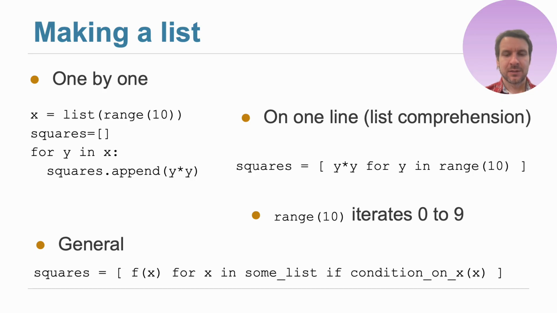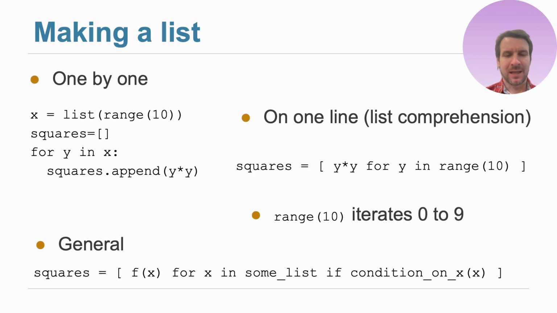There is also a general form of this, where you say some list that you are creating equals, now square brackets, f of x. X is whatever function you want. The output of this function will be the entries of the list, and then you write for x in some list or range or whatever. You iterate x over something, and you can add a condition that you want to use x only if a particular condition holds.